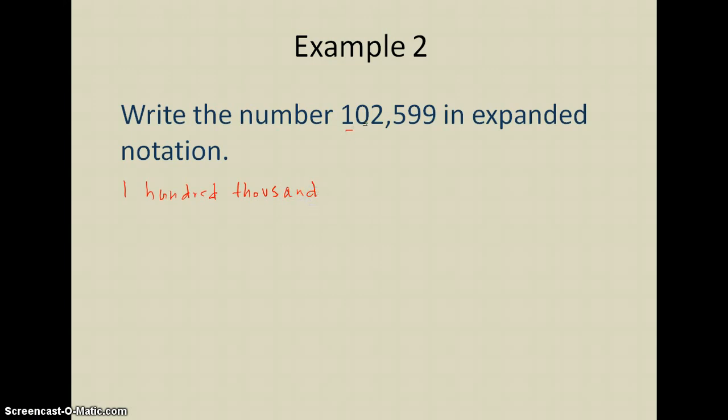And now I've got a 0 in the 10,000s place, and so this is where the little twist comes in. I have two different ways that I can do this. One thing I could do is I can actually say that I have 0 10,000s, and then I could just keep going. I've got 2,000s. Let's see if I can fit this on here.